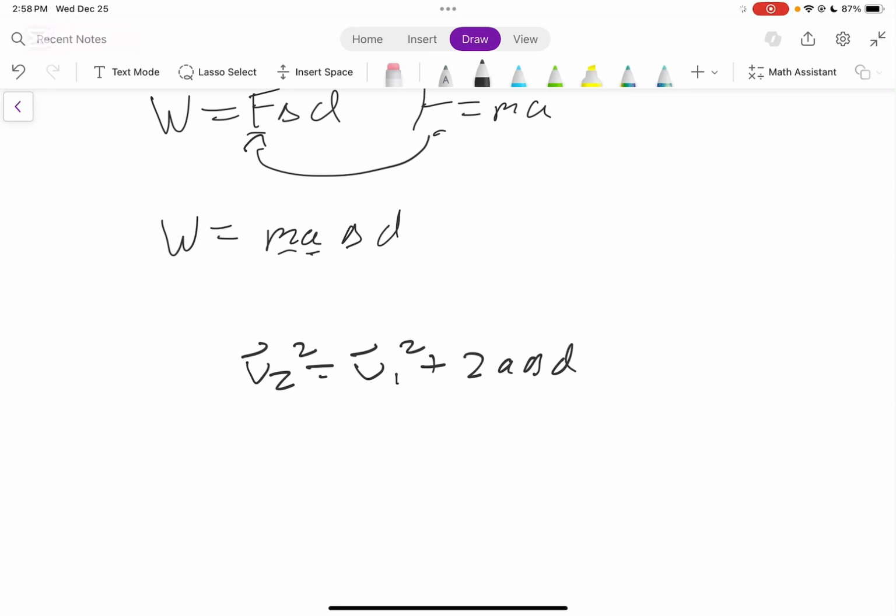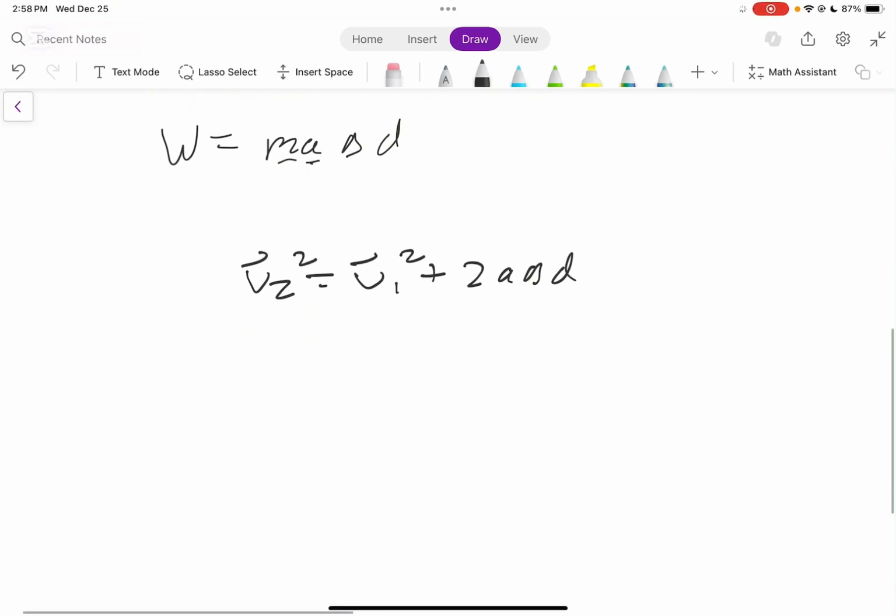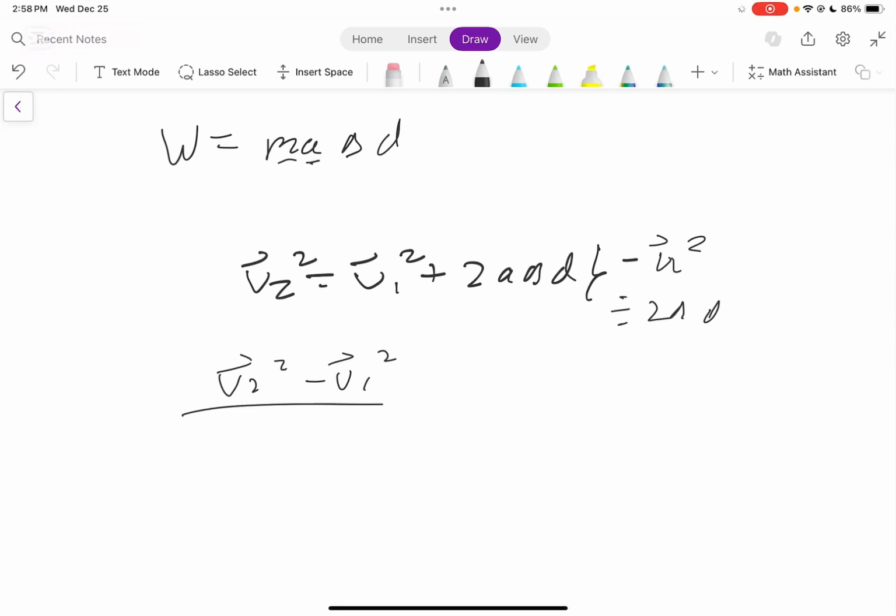Now if we rearrange this equation, we can subtract out our v1 squared, divide by 2 delta d, and you're left with v2 squared minus v1 squared over 2 delta d is equal to our acceleration.